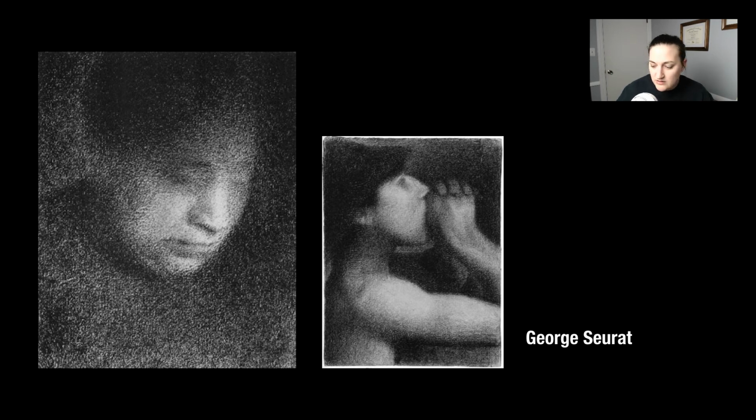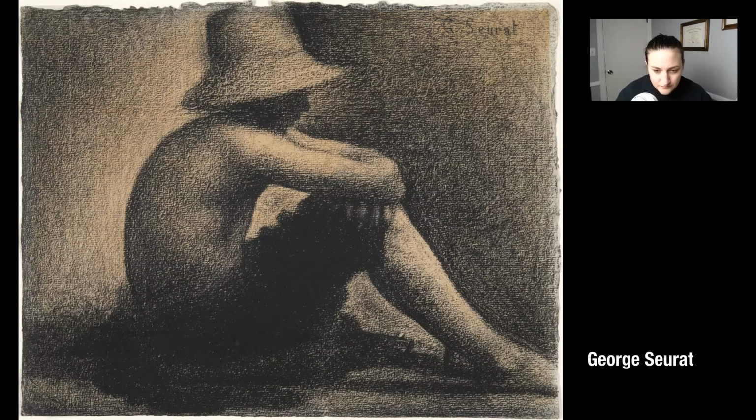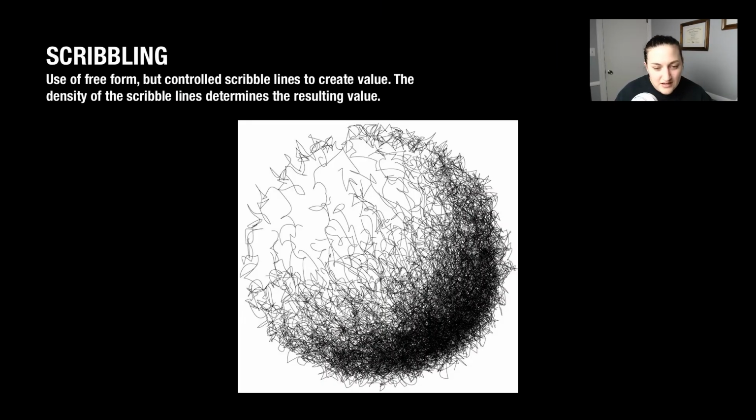So notice here the density of the marks, the density of the points and the dots. This is a supremely time-consuming technique. It is not fast. It is very slow. This might not be pointillism. It looked like it. I don't think it is.